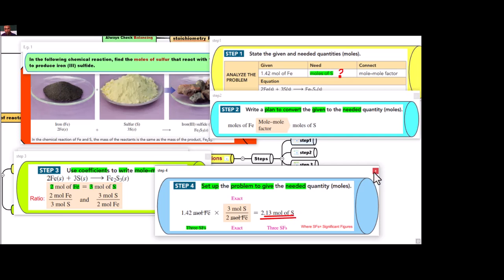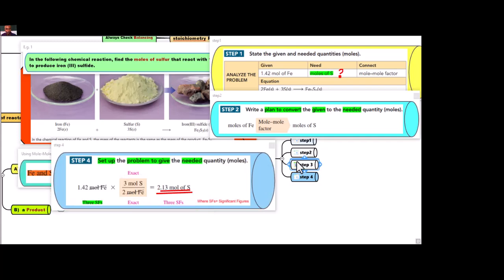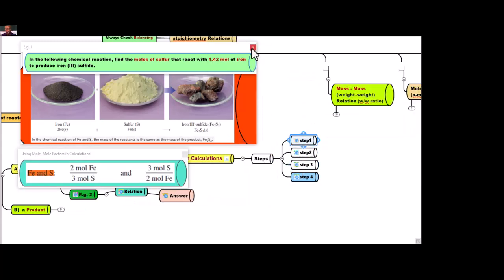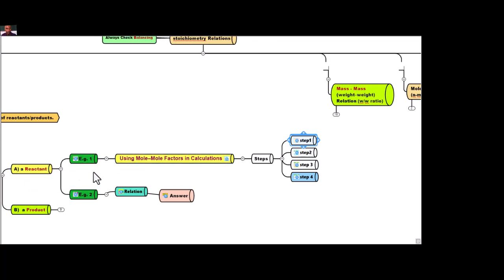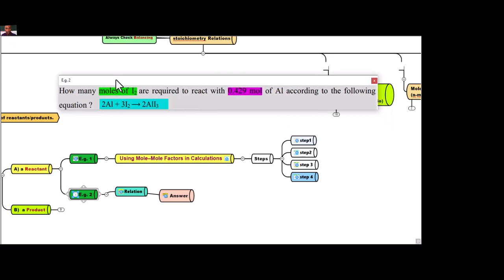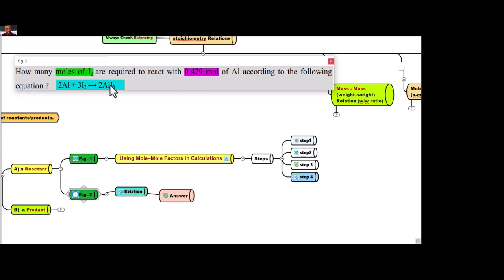This is one example. The second example asks how many moles of iodine are required to react with this amount of moles of aluminum according to this chemical reaction, and check whether this chemical reaction is balanced or not.